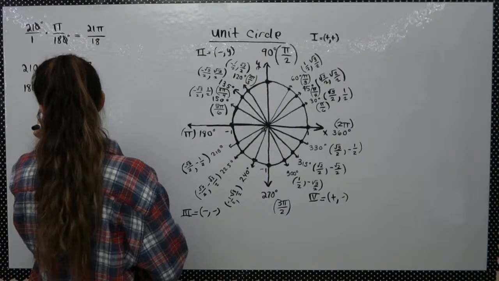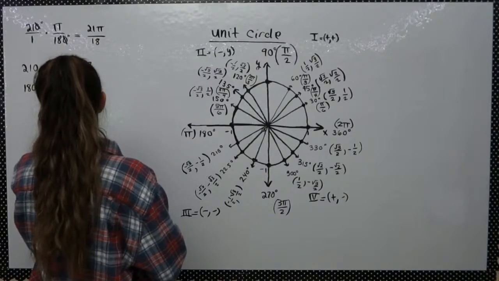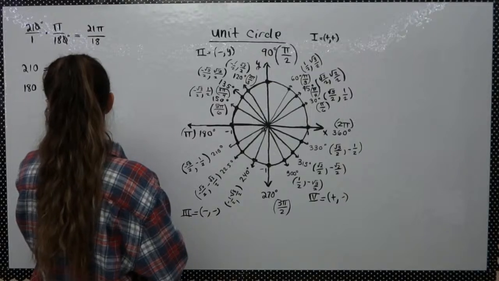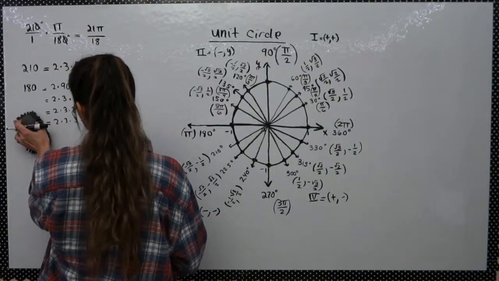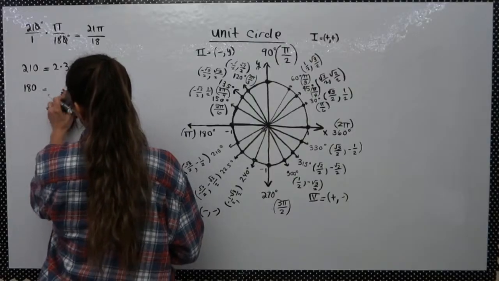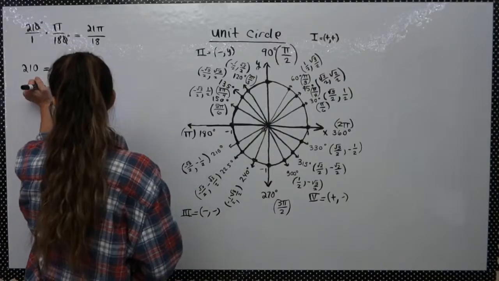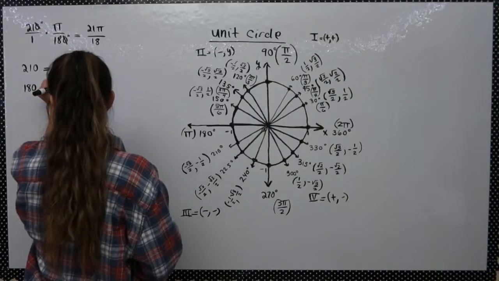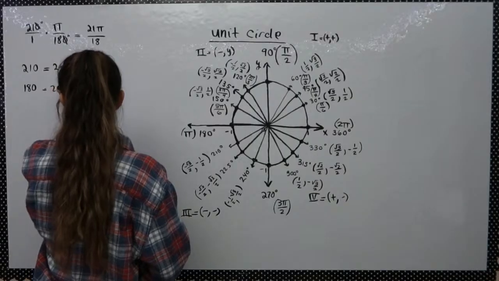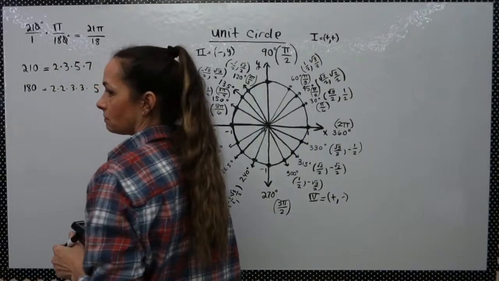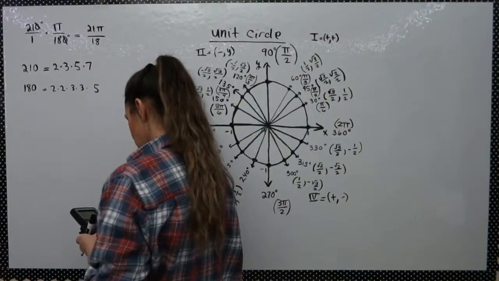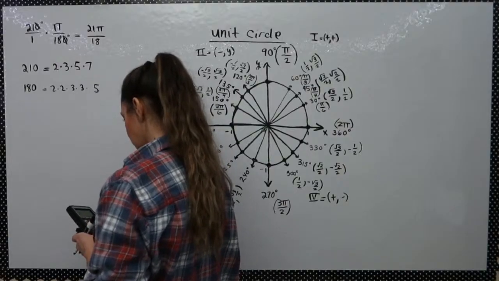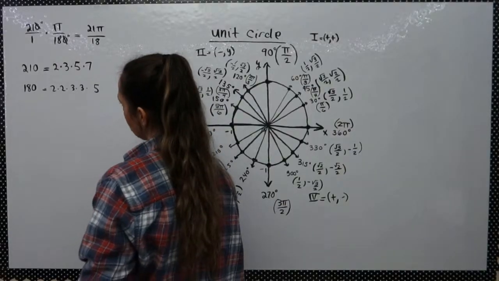And that is 2 times 3 times 3 times 2 times 5. So I found 180 to be 2 times 2 times 3 times 3 times 5. And we'll check it. 2 times 2 times 3 times 3 times 5. And it's giving me 180.